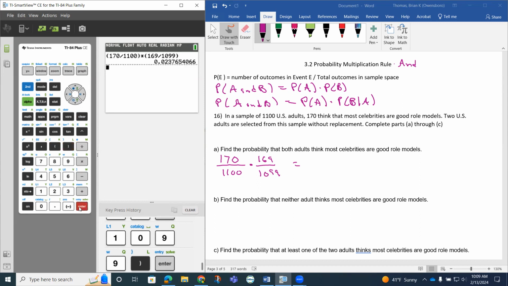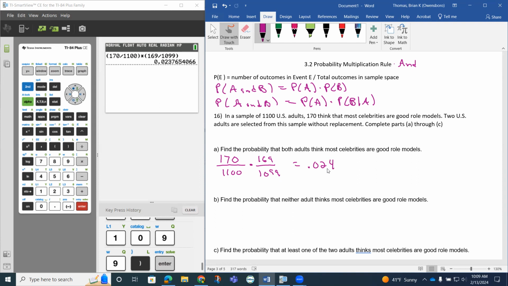So we end up with 0.023. I think they're going to round to 3 decimal places, so that 7 is going to make that 3 move up to a 4. So 0.024. Notice that this is going to be like 2.4%. As I said, I wasn't expecting a really high probability on that. It already sounded like it's going to be unlikely.